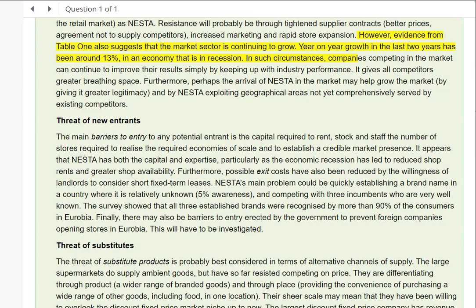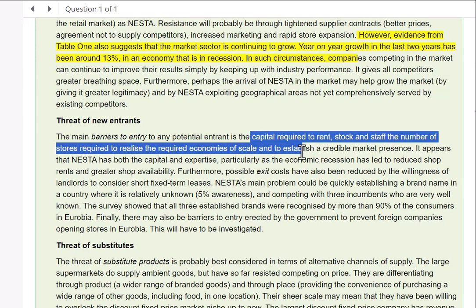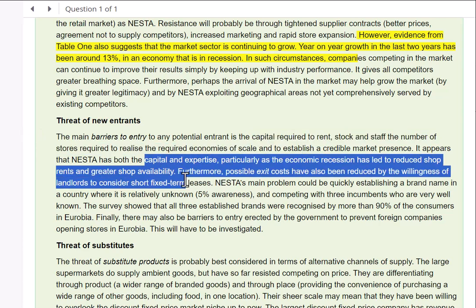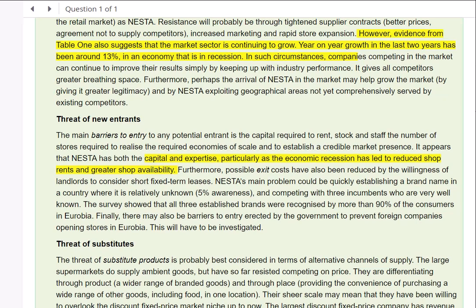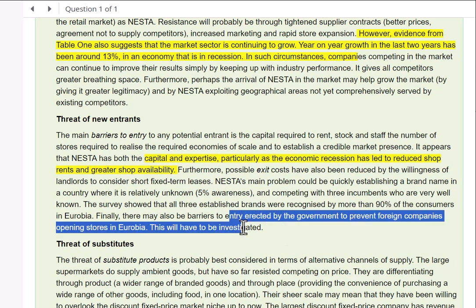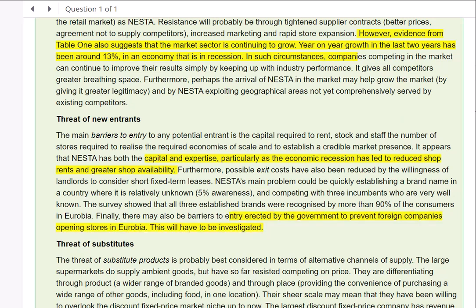Now next is about the threat of new entrants. So basically, the capital requirement, again the same point just like us, and then we have the capital and we have the expertise, and the economic recession has led to reduced shop rent and greater shop availability. So I'm just highlighting a few important points which I have already discussed with you. So there may be barriers to entry erected by the government. Okay, yes, this point I forgot to discuss with you guys.